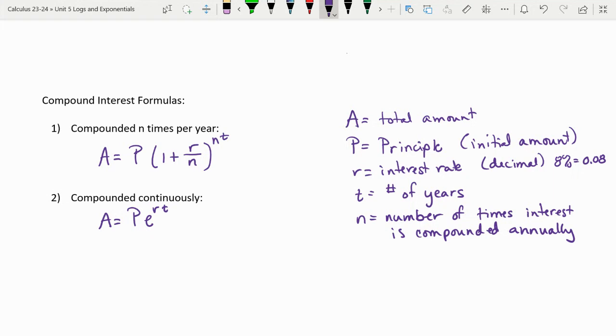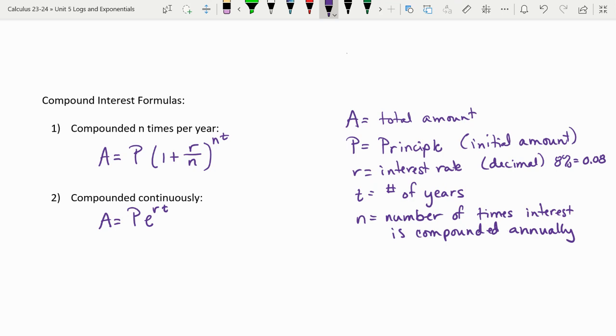The nice thing about these formulas is that they are actually derived from calculus. And so when you are given an interest problem and asked to calculate total amount of interest or total amount, principal plus interest, using these formulas is using the calculus because they have been derived.